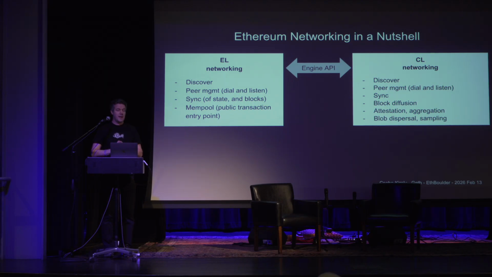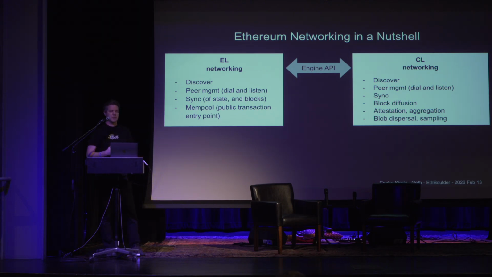So I have a slide about the Ethereum networking stack in a nutshell. What you should know is that there is the execution layer clients. They form the peer-to-peer network, and then there are the consensus layer clients, and they form their own network.